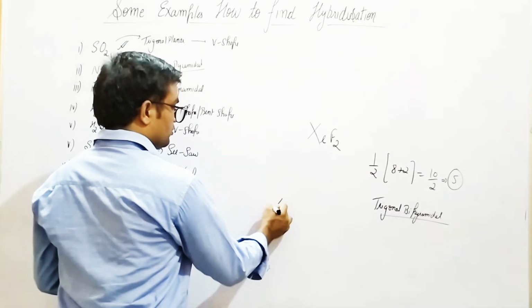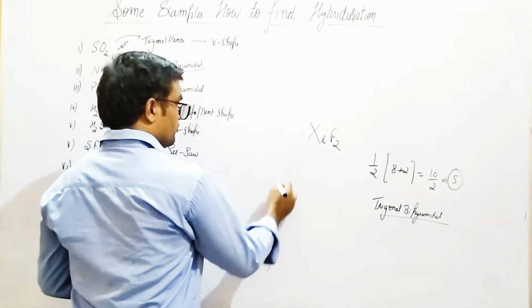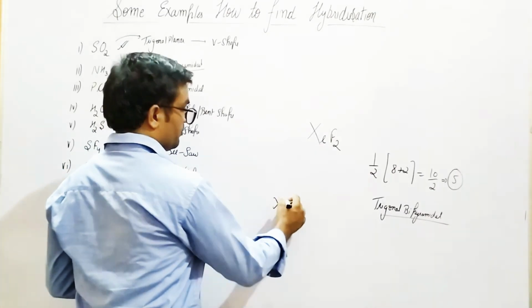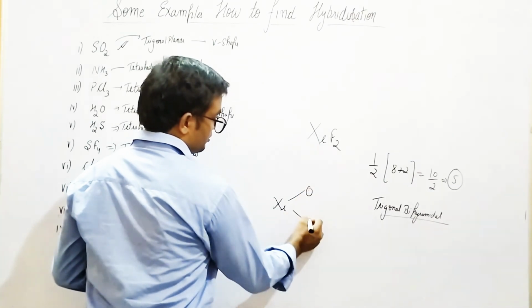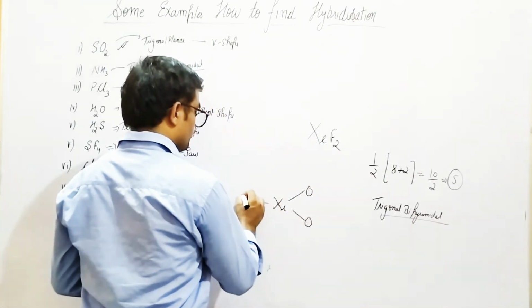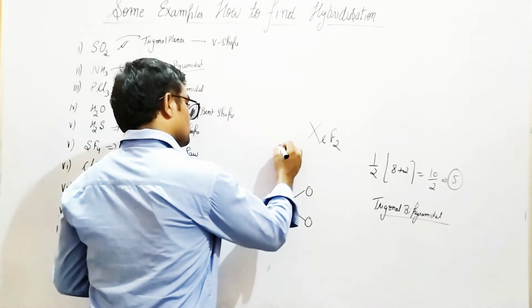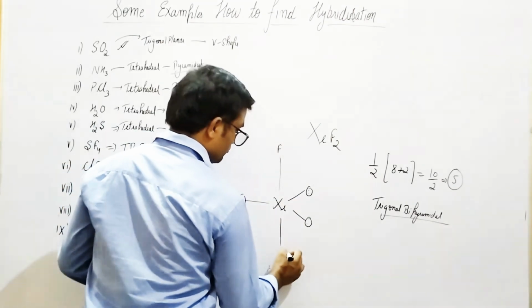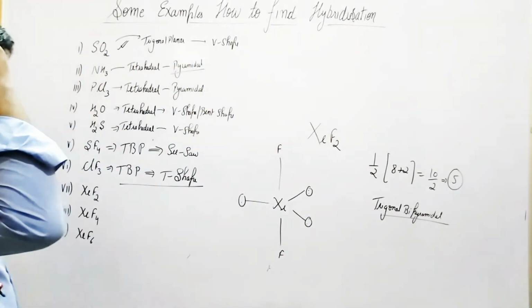Here there are three lone pairs present, and the lone pairs must be present on the equatorial positions. We will try first to have all the equatorial positions occupied by lone pairs.